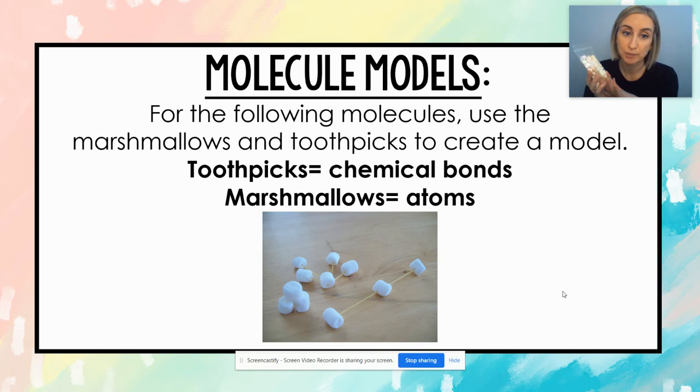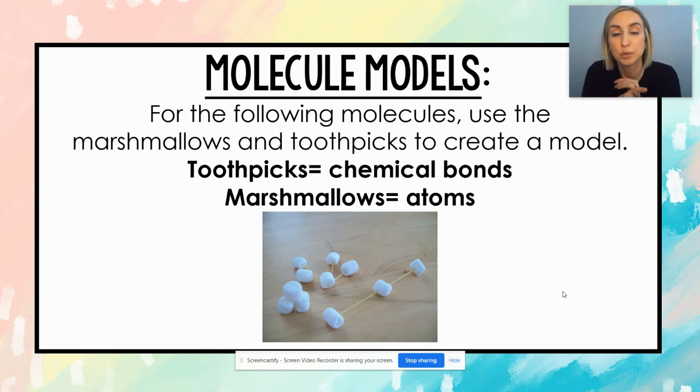So when you go to the blue tub to grab it, make sure you're taking turns, staying socially distanced. But what you're going to see in here are some different colored marshmallows. And so the marshmallows are going to represent the atoms, and there are different colors to represent different elements. The toothpicks then that you see in there, those are going to represent the chemical bonds. So them actually joining together with other atoms.